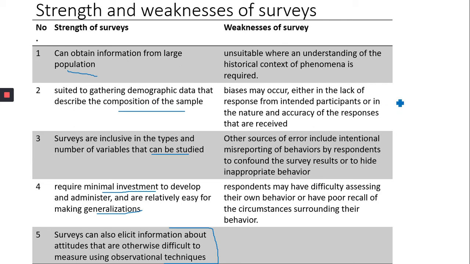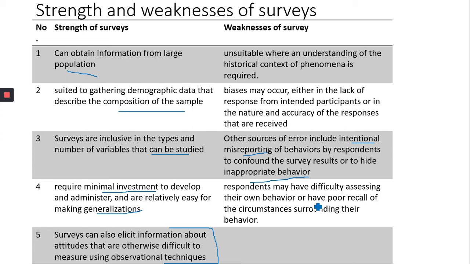Other sources of error include intentional misreporting behaviors by respondents to confound survey results or to hide inappropriate behavior. If you go to a community and you want to assess how many criminals you have, and you ask, are you a criminal or so?